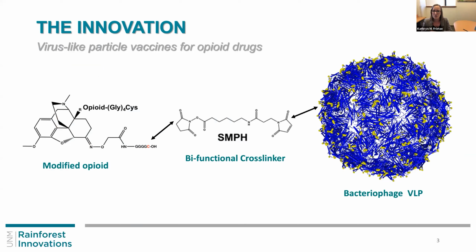And so we use what's called a bifunctional crosslinker, this chemical shown here called SMPH, which allows us to connect a molecule, in this case opioid drugs of interest, to the surface of these virus-like particles. We do this by modifying the opioid drug itself to include a short linker sequence that includes a cysteine amino acid, which provides a functional group to be able to attach the drug to the surface of the virus-like particle.